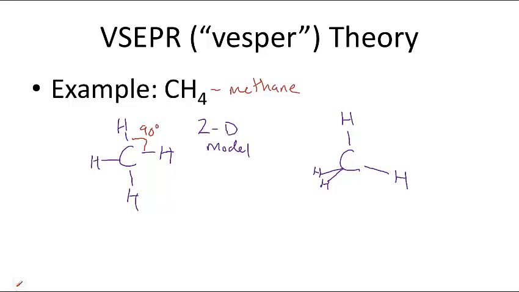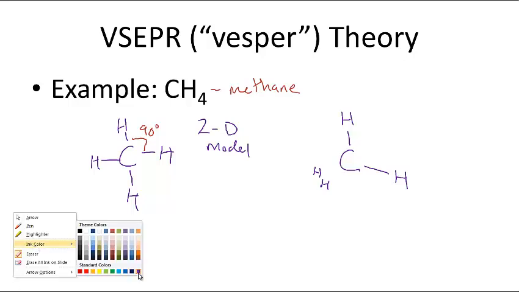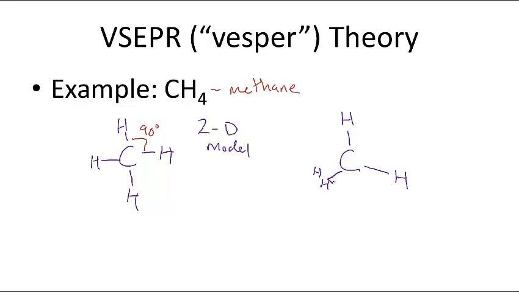So the way we get around that, and we'll talk about this more momentarily, is we have ways to show things coming into and out of the board. So when I no longer have straight lines, I'm now showing you that I have some level of 3 dimensions to this molecule. This is called a wedge, and this is called a dash.